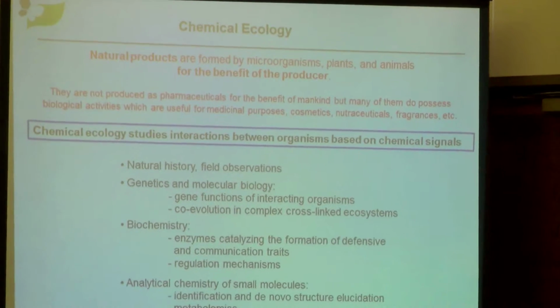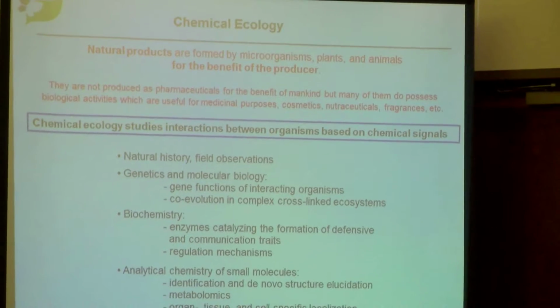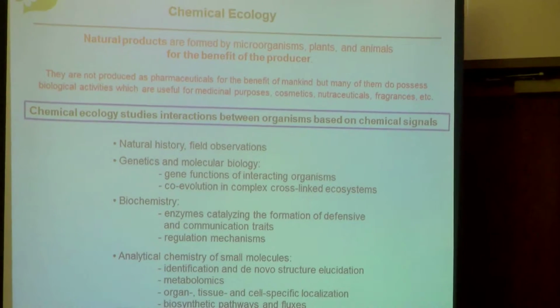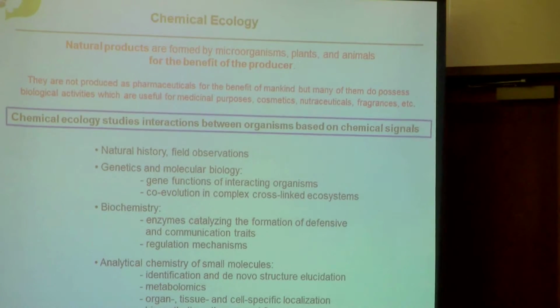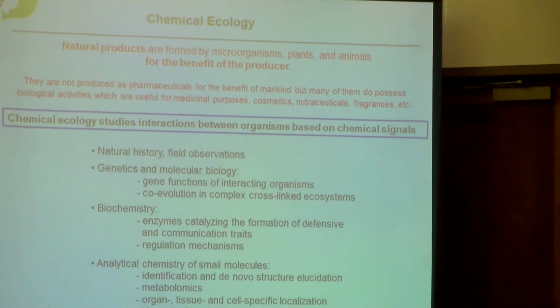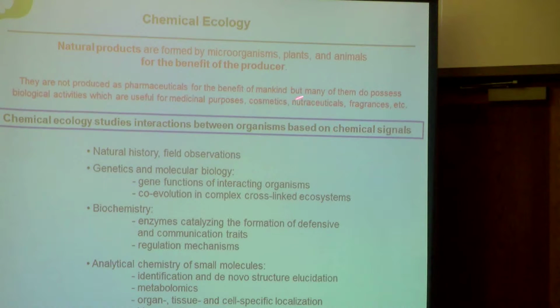It doesn't mean that they produce their chemicals for the benefit of mankind. They are optimized for the purposes of these organisms, and they are involved in interactions between different organisms.